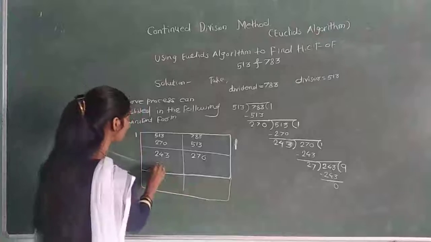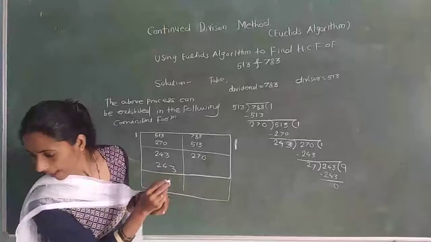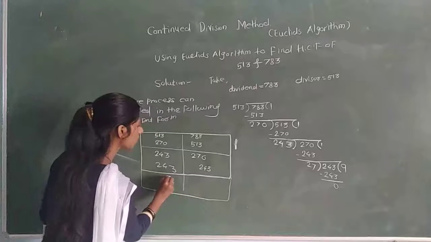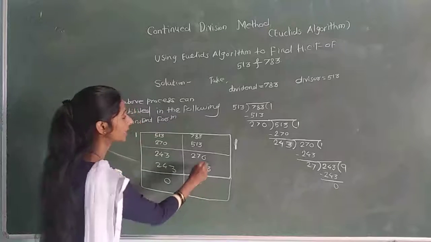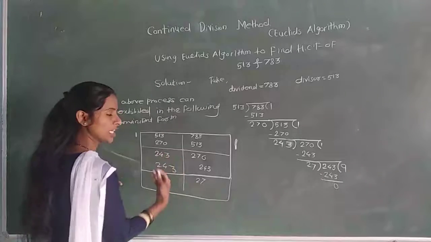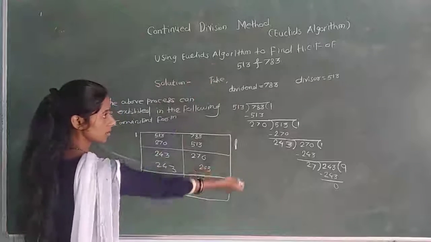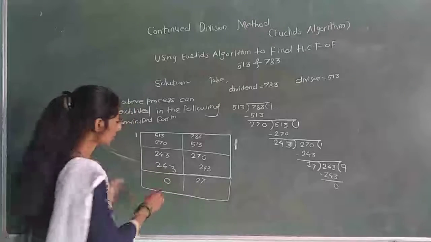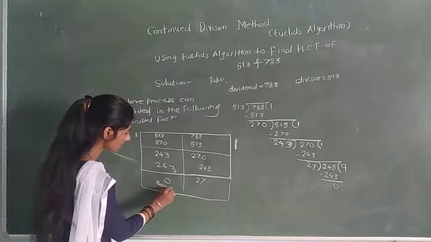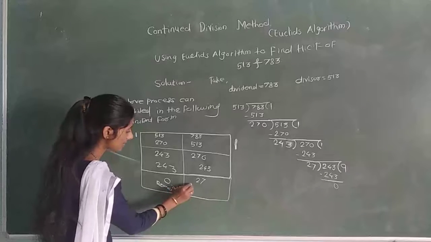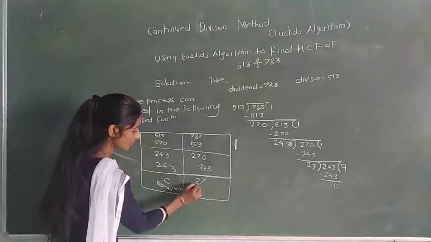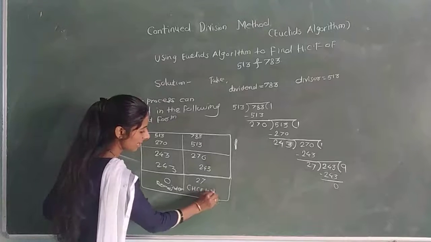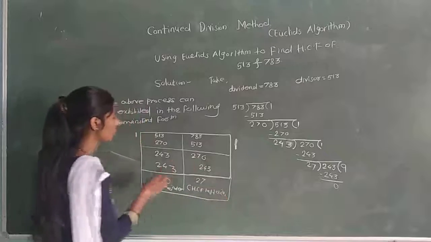Again 243, and here 243. Then the remainder is 0 and the divisor is 27. This is a convenient form of this process. This 0 is the remainder, last, and this is the divisor, that is the SCF, the last divisor.